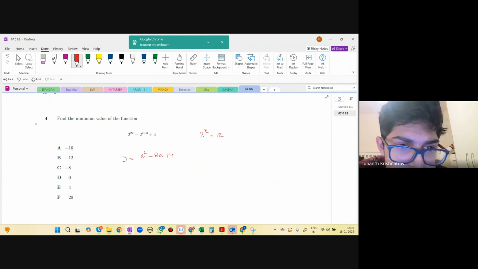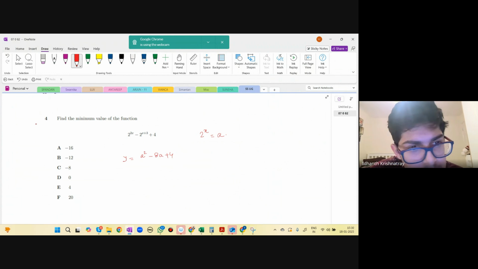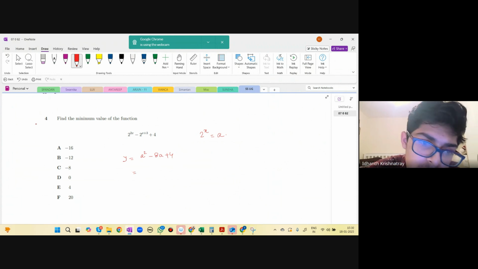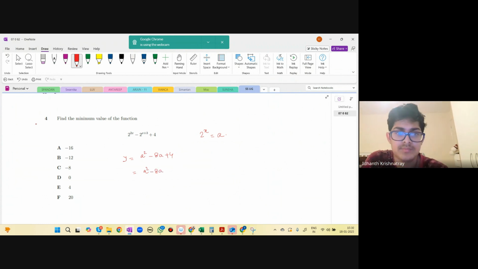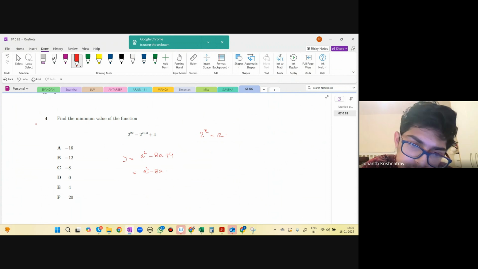If you have to minimize this, what do you have to do? Arrange it in the form of a square. Difference of squares. Yes. So a square minus 8a, that means I need a 4 square. So a minus 4 squared minus 12.